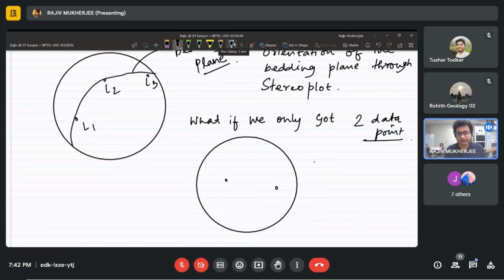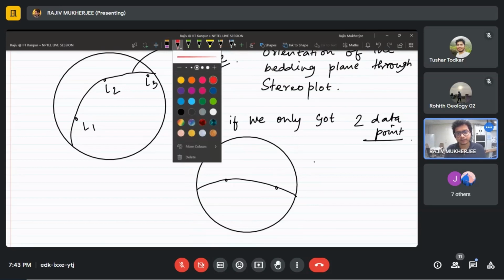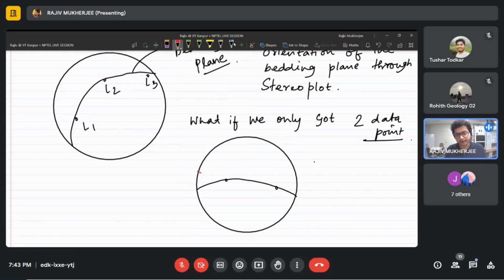So the plane, it can be like this, or it can also be like this, right?